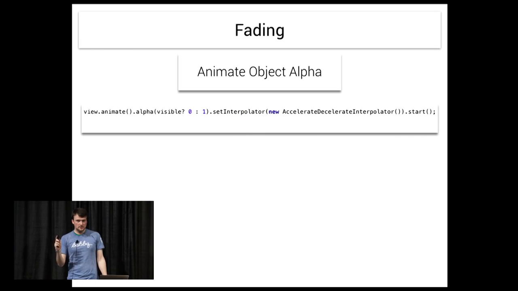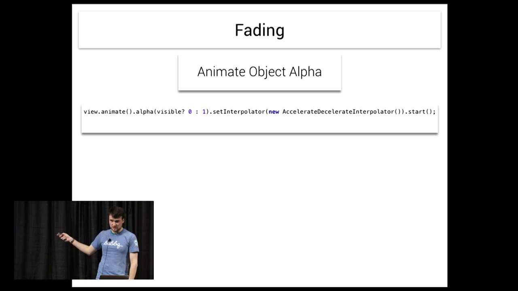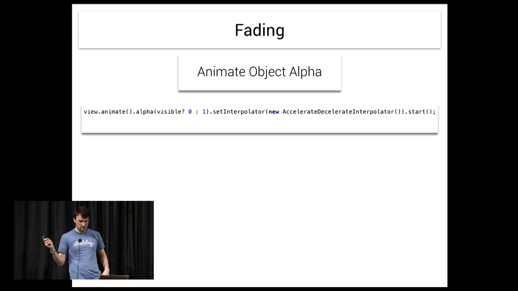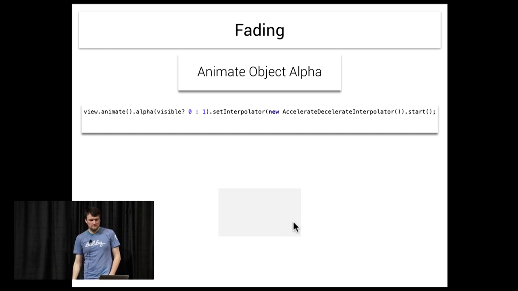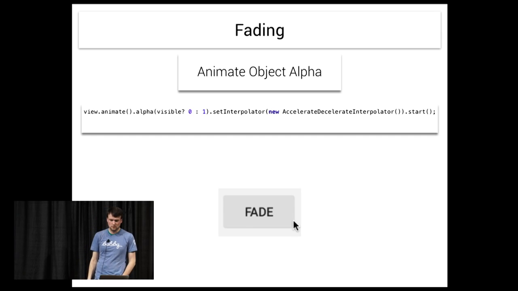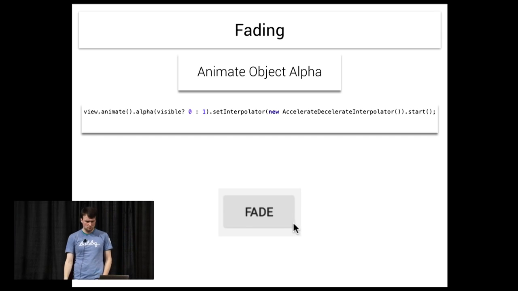Oh, and don't forget the interpolator, because you want this to still be natural. Linear fades still look worse than interpolated fades. So, how does this look? Here's a button, fade in and out, right? Again, one line of code.